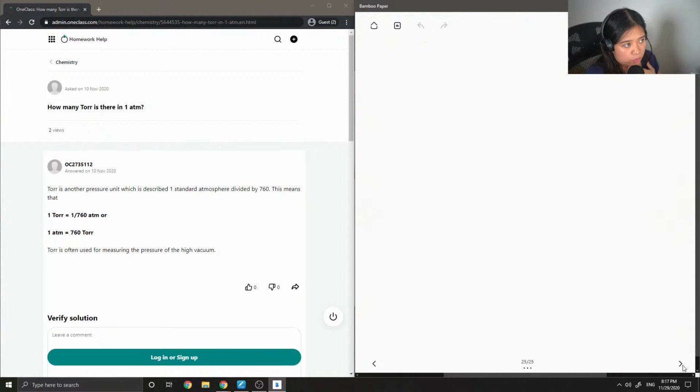So moving on to question number 12. How many torr is there in 1 atm? So 1 atm is actually equal to 760 torr. This is the standard pressure. Let's see what the junior tutor said.